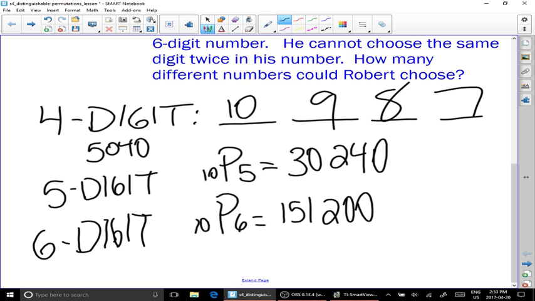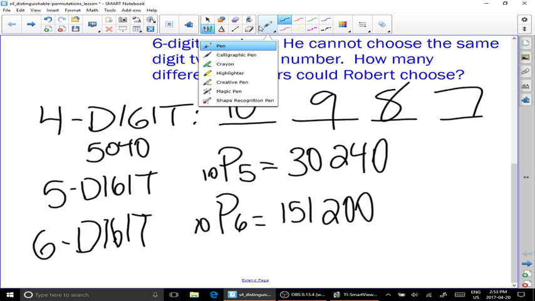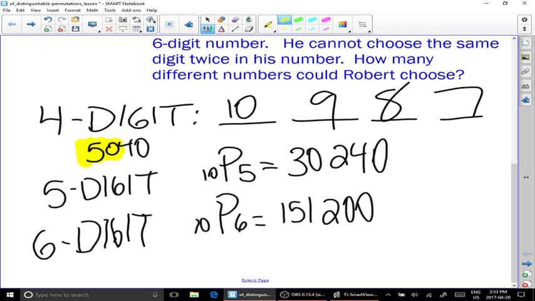Now the key thing about this question is that we know the number of 4-digit numbers he could choose. So that's 5,040. We then know the number of 5-digit numbers he could choose. That's 30,240. And we know the number of 6-digit numbers he can choose, which is 151,200. Now, since he can choose 4-digit numbers, 5-digit numbers, or 6-digit numbers, we can add those numbers up together, and that gives us the total number of passcodes he could use.